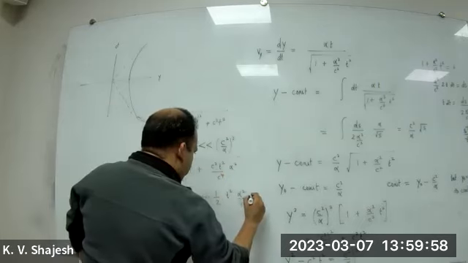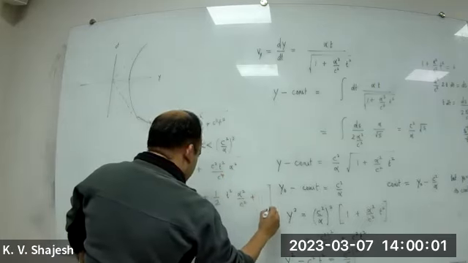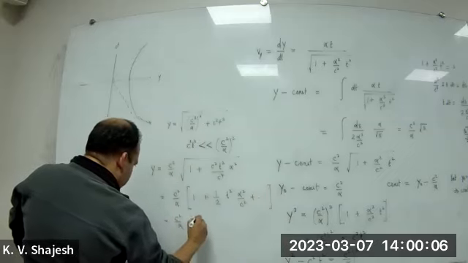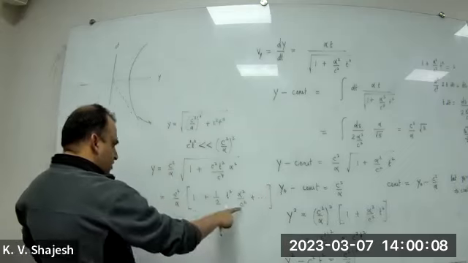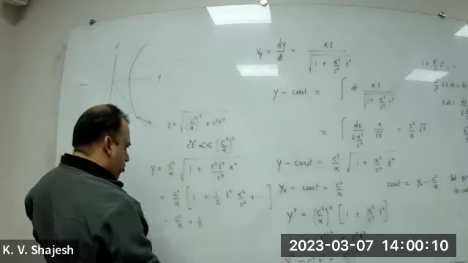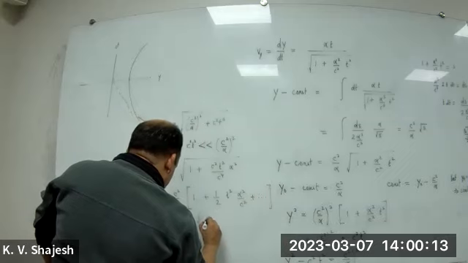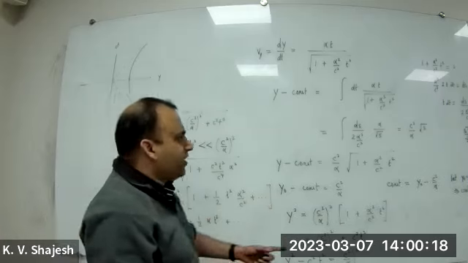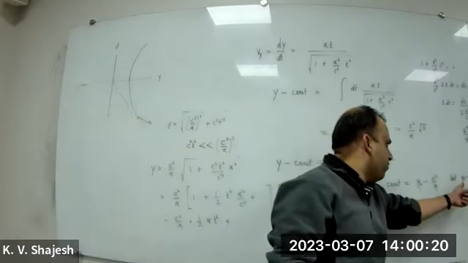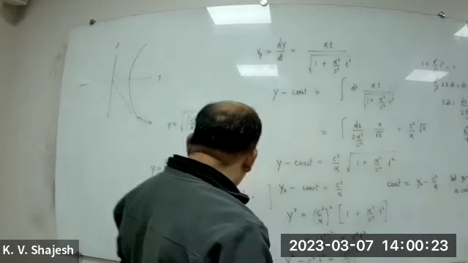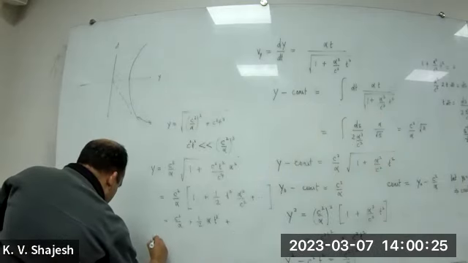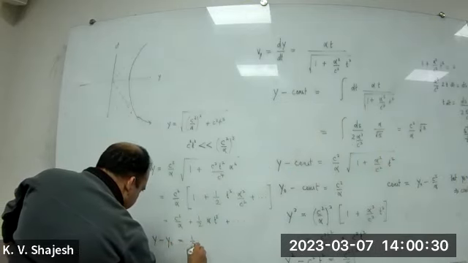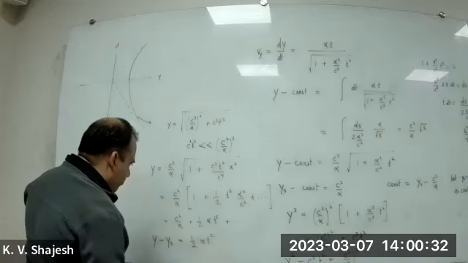And there are higher orders possible. This is equal to c square over alpha plus half alpha square t square. Neatly, the c square goes away. Newtonian physics has no information about speed of light. And the choice of that constant being 0 was made by y naught equal to c square over alpha. So that's nothing but y minus y naught is equal to half alpha t square.